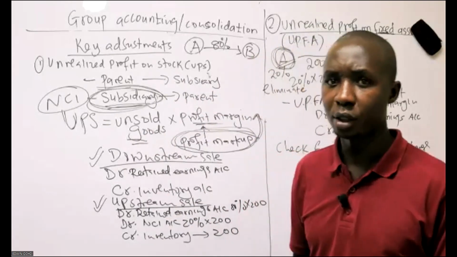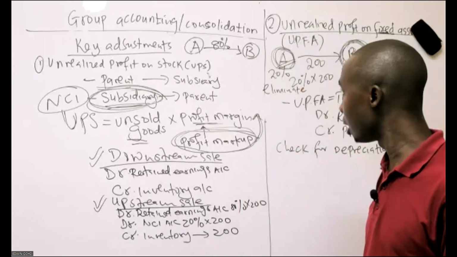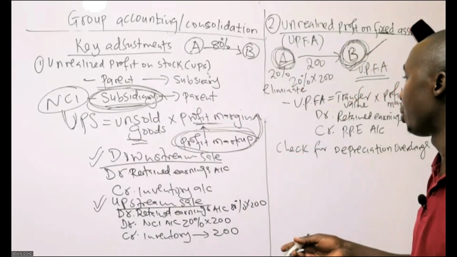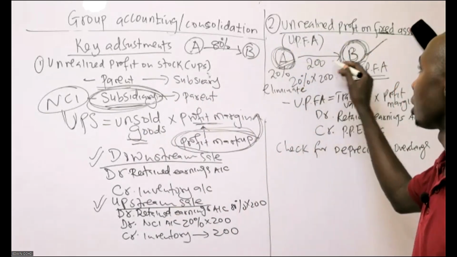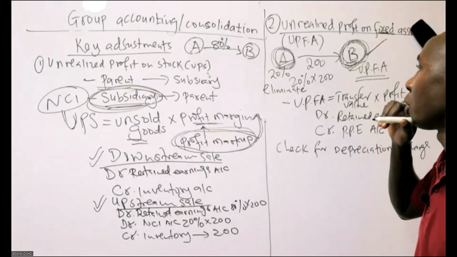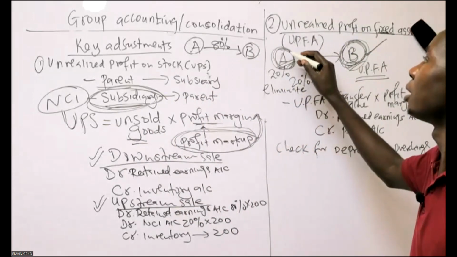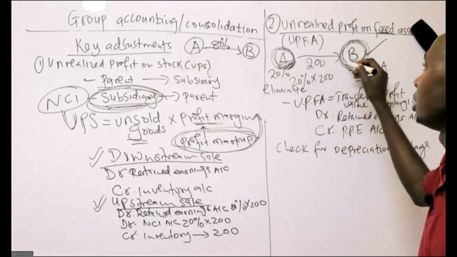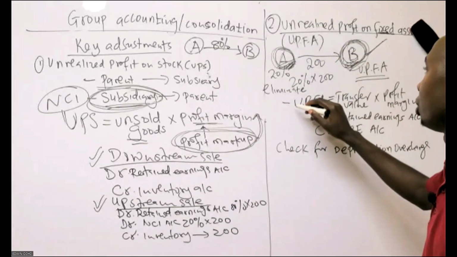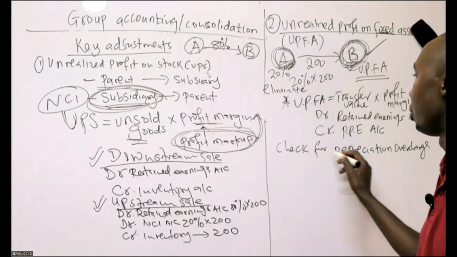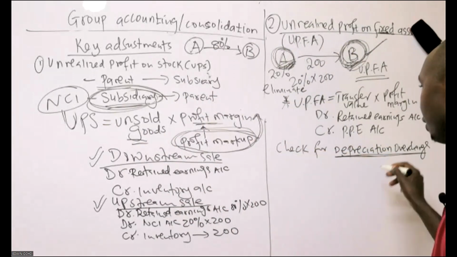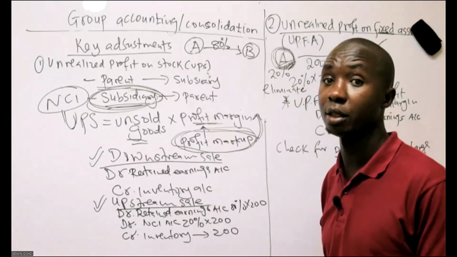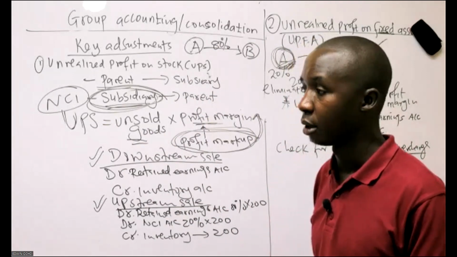But why is this depreciation overcharge? Remember that they will say that the group charged depreciation. The group is both the parent and subsidiary. So in the scenario whereby there is a sale of fixed asset from one entity to the other, after computing your UPFA, you have to check for depreciation overcharge, if the asset is depreciable. The only asset which is not depreciable is land.